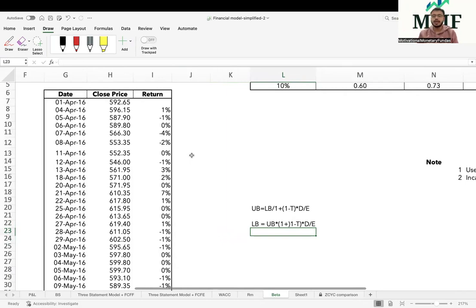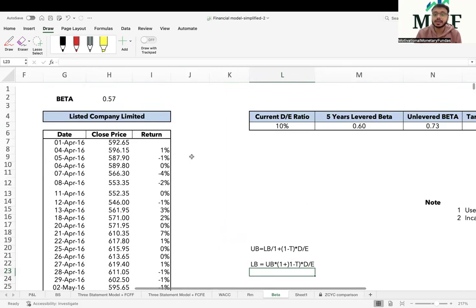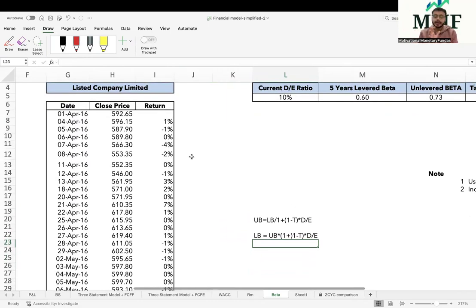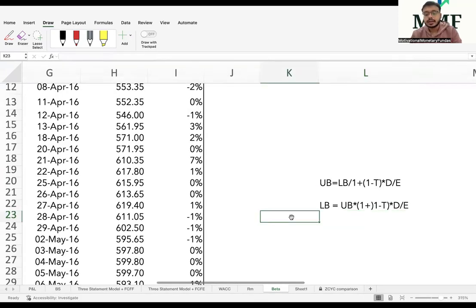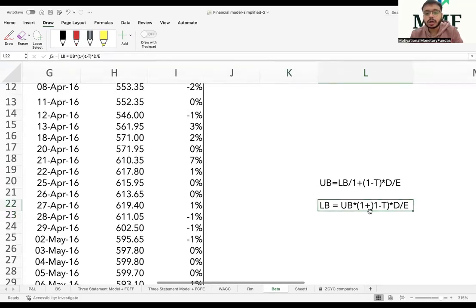Simple logic: if the beta that we calculated has the impact of the company's debt, that's a levered beta. But if a beta does not have the company's debt impact, it's an unlevered beta. So here the formula is there. For the levered beta, the formula says unlevered beta into 1 plus (1 minus tax rate) into debt by equity. So firstly we solve 1 into debt by equity into 1 minus tax rate. We can simply add a 1 to it and multiply it by the unlevered beta.